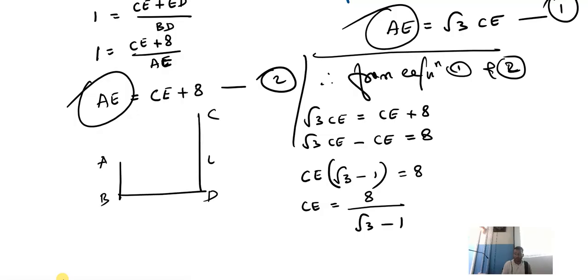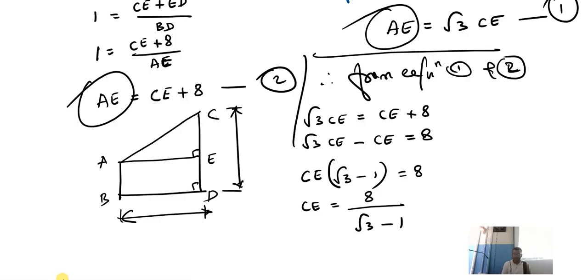We have drawn this line, correct? This was the figure. Now, actually, what they were asking: find the height of the multi-storied building. This was the question. And also, they are asking to find the distance. They were asking this also.